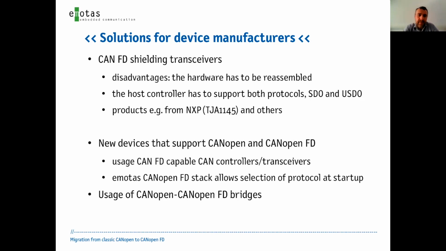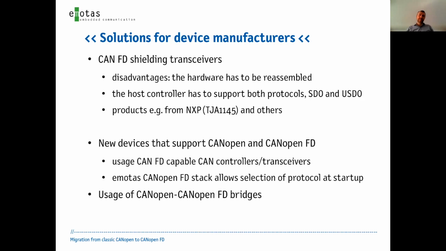But if you go that way, there are CAN FD shielding transceivers available from multiple manufacturers. But if you are a device manufacturer and you start developing new devices, I would suggest building devices that support both CANopen and CANopen FD. Obviously it requires CAN FD capable controllers and transceivers, but that's not a topic anymore.